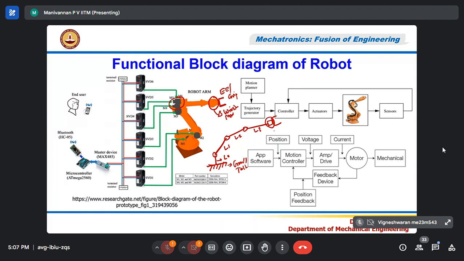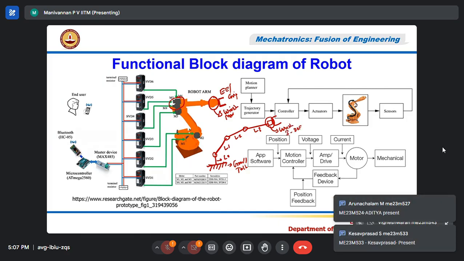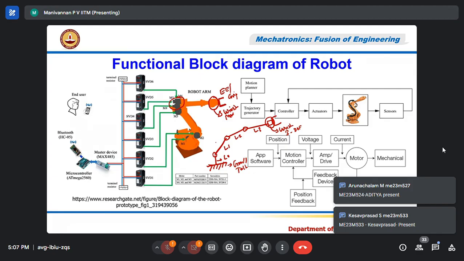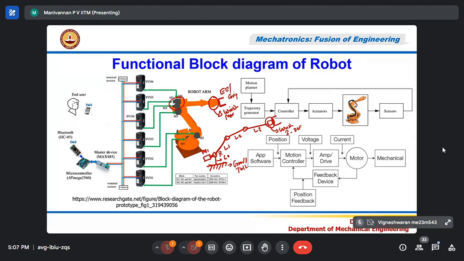You can say that this is the wrist mechanism with 3 degrees of freedom, and this is the first joint, connected to the M1 motor. I call this R1, a rotary joint. This is the second joint, I call it R2. This is connected to another motor, M2. This is my third motor, M3. This is R3.